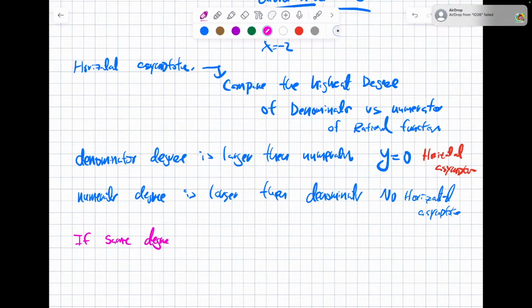If the numerator and denominator have the same degree, then you take the leading coefficients. There's also a slant, but a slant only occurs when the numerator is greater than the denominator. You say possible slant, also known as oblique asymptote.